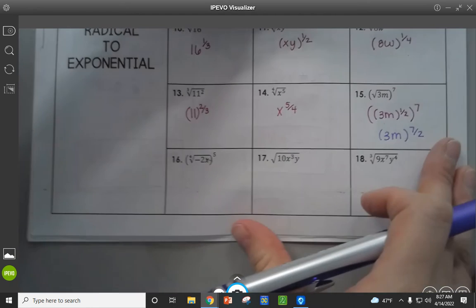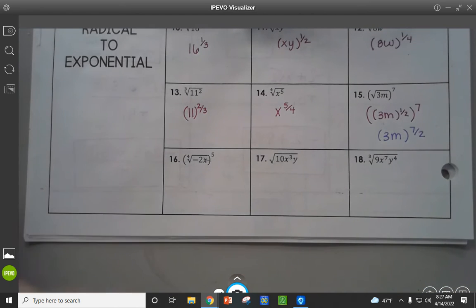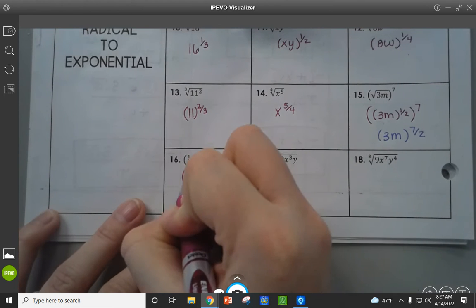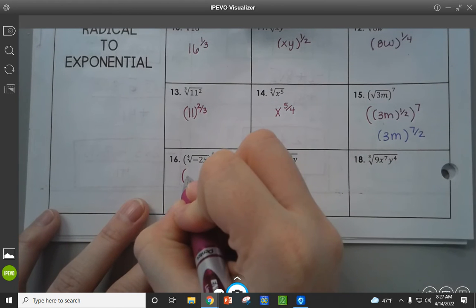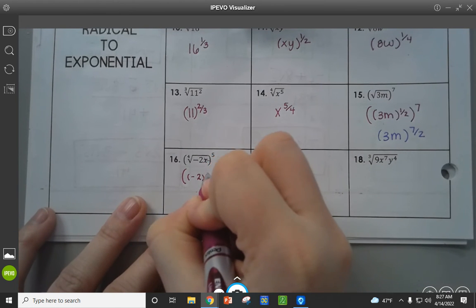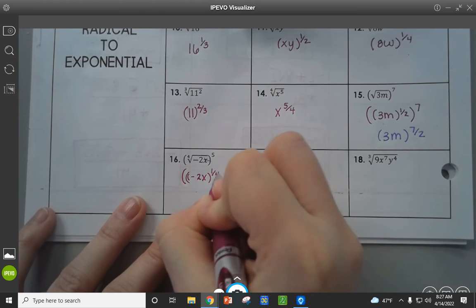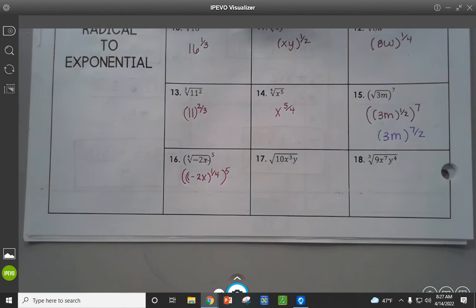Number 16 is very similar. We have a 4th root on the inside, so I'm going to have (negative 2x) to the 1/4 power. All of that is raised to the 5th power. How would that be if I simplify that?